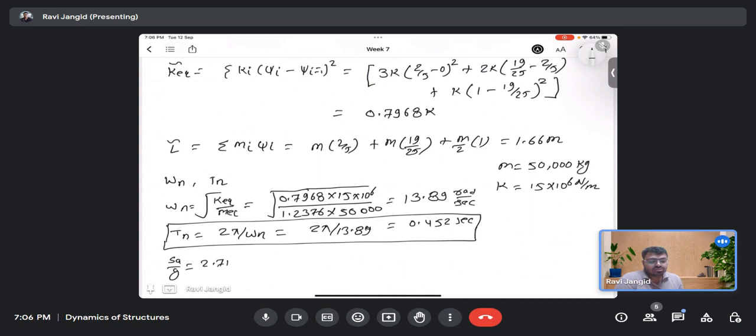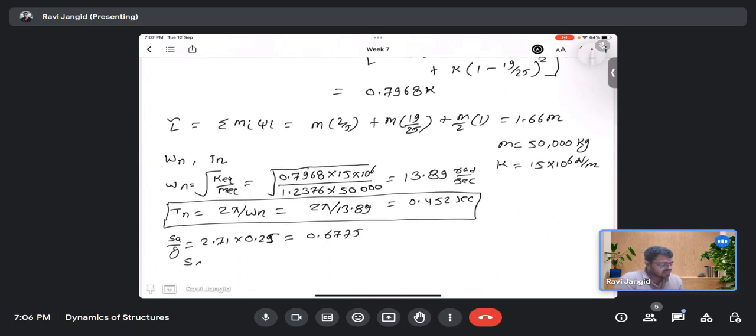Along with that, the response is equal to 0.25 g also. It is given in the question, so that is coming out to be 0.675. So we can calculate acceleration a as 0.675 into 9.81. So that is coming out to be 6.64 meter per second square.